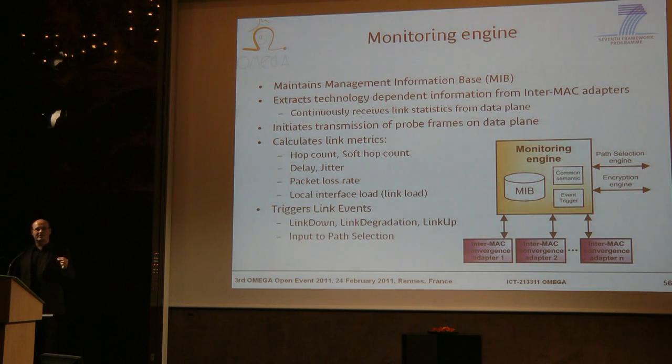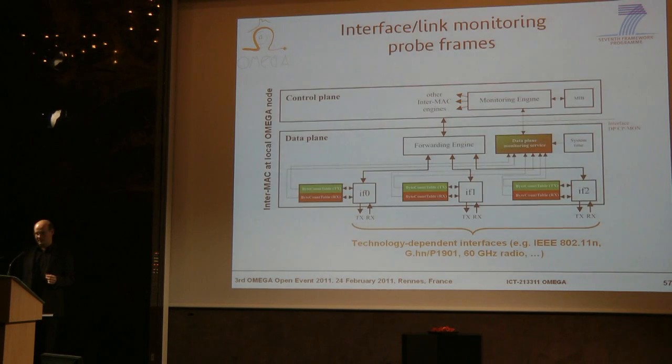So now we'll address the specific problem for InterMAC adapters. If there are no InterMAC adapters which are perfectly adapted to the InterMAC which has been developed in Omega, we had to find a way to interoperate with commercially available stuff. And therefore we tried something very, let's say, scalable for many technologies, which happens actually in the data plane.